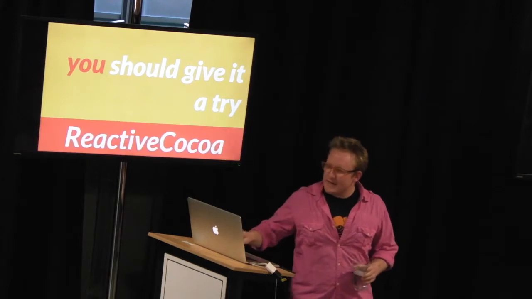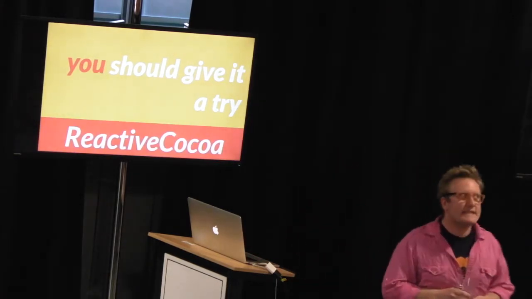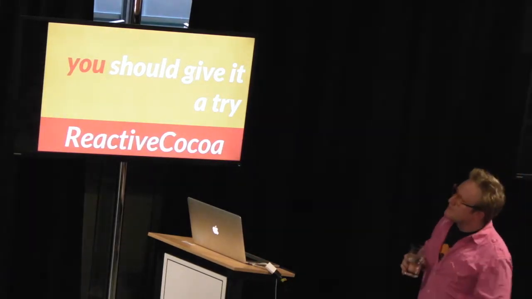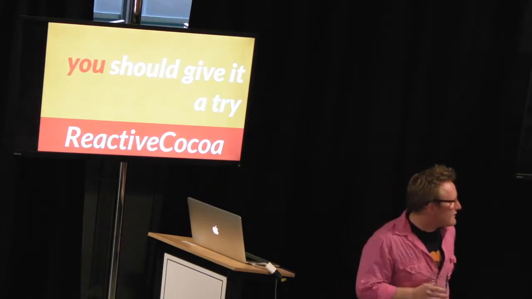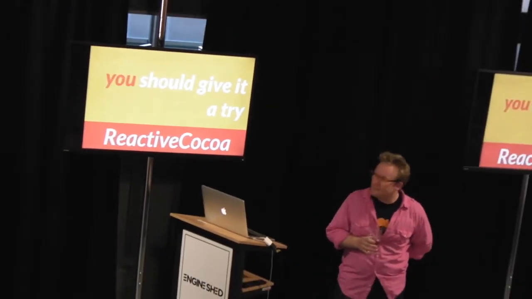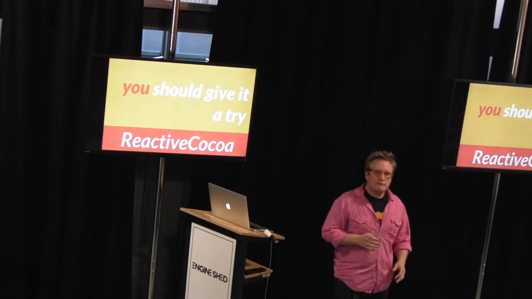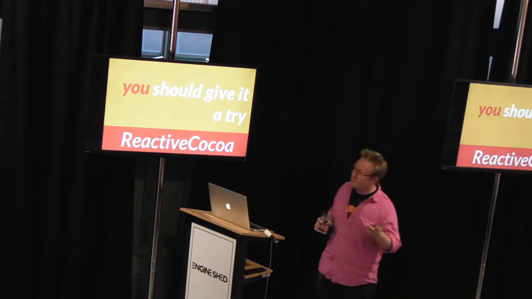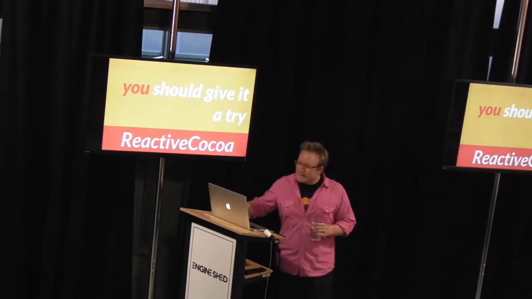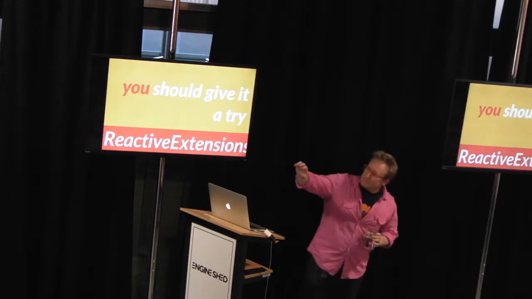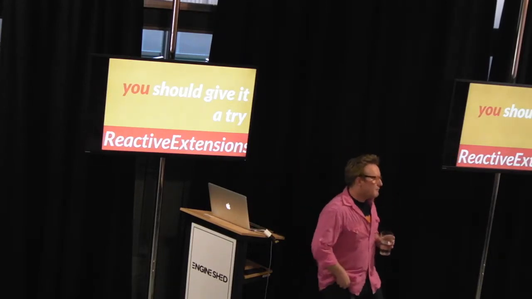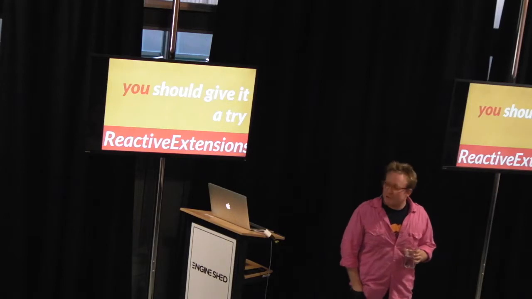If you're like me and you do iOS and OS X, Reactive Cocoa is your friend. It's fairly easy to set up. If any of you are iOS people and want to talk to me, I suspect not many of you are. Reactive Cocoa is based on something from .NET called Reactive Extensions, which, when it says based on, it's pretty much copied.